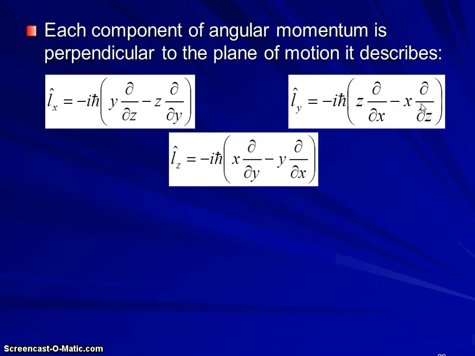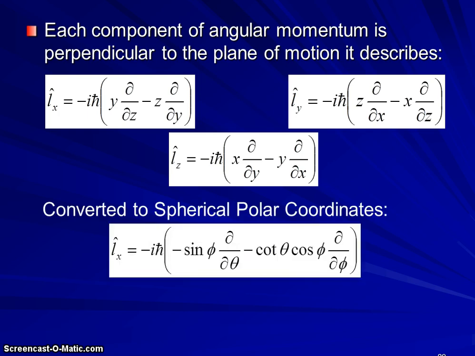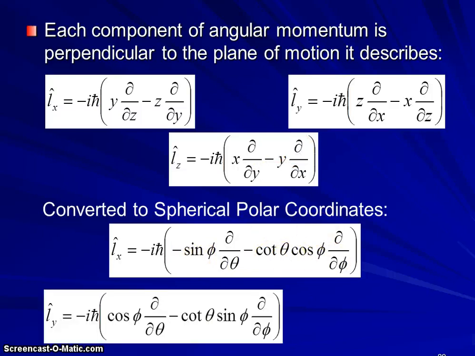And I won't have you by hand convert these to spherical polar coordinates, but the way in which they convert is like this. Angular momentum about the x-axis is negative i h bar, and then we have the derivative terms that arise when shifted to spherical polar coordinates, and then something very similar for the y-axis.